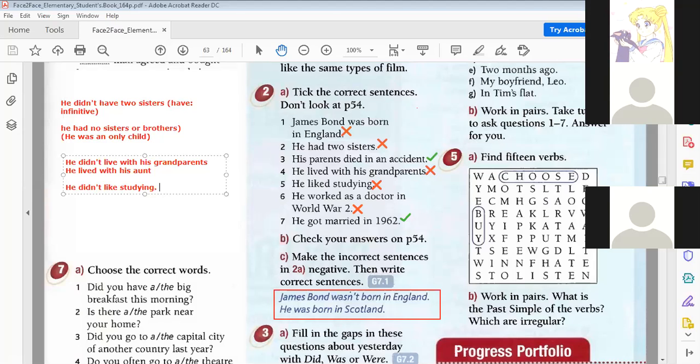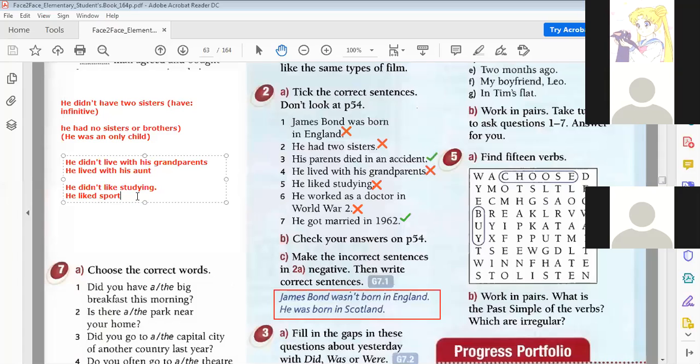Okay, it's a good answer, but no, he didn't like watching TV. Basma, Manal, can you remember what he liked? He liked sport. That's correct. Yes, he liked sport. All right, very nice.